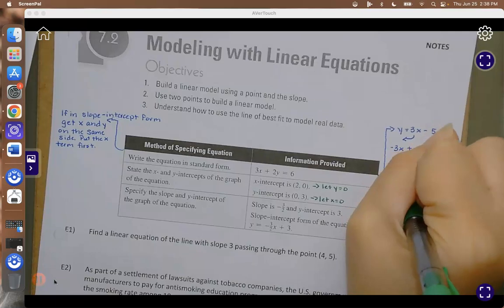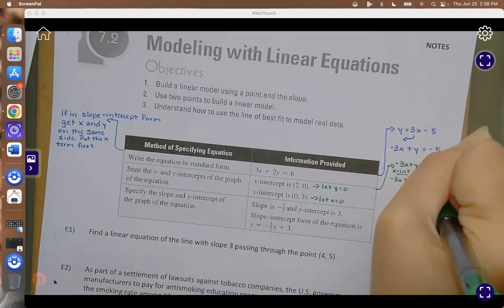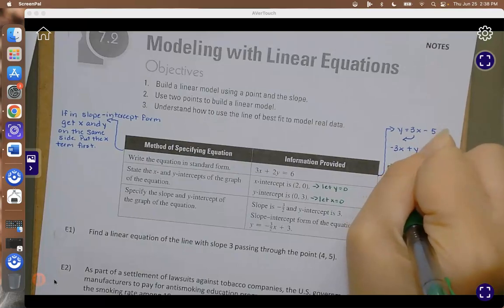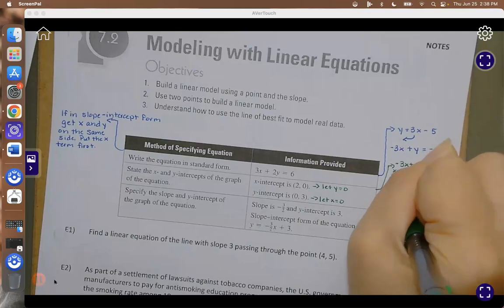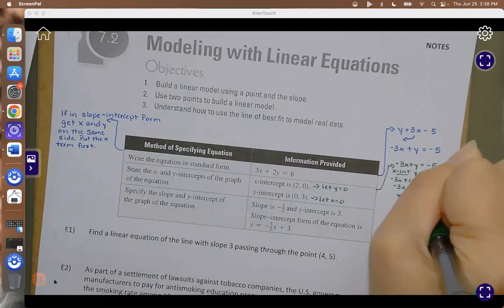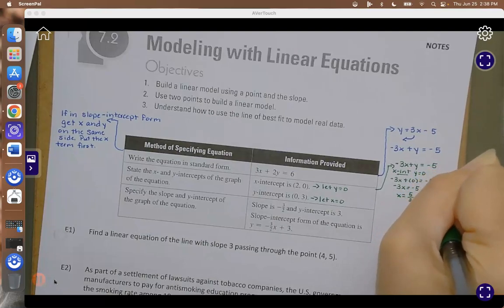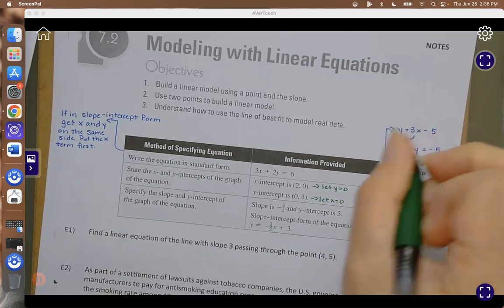So we do negative 3x plus 0 equals negative 5. So negative 3x equals negative 5. So x equals positive 5/3. So our x-intercept would be (5/3, 0). And that would be our x-intercept.